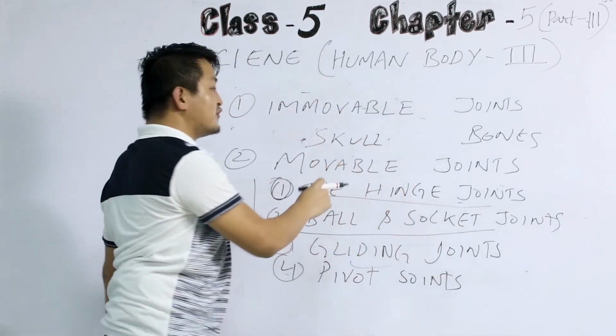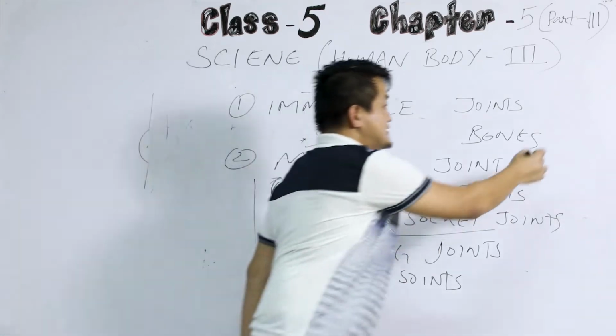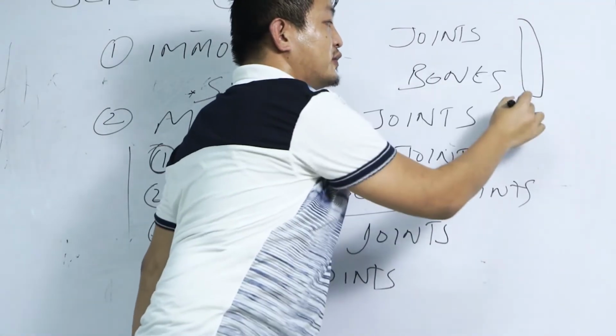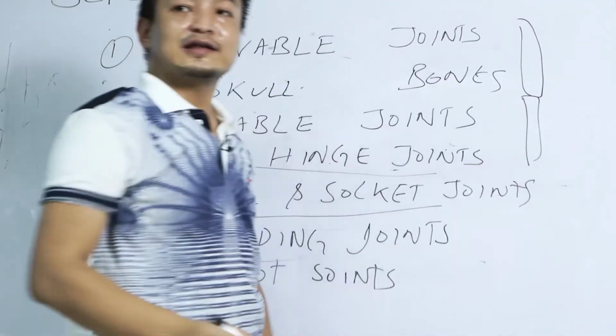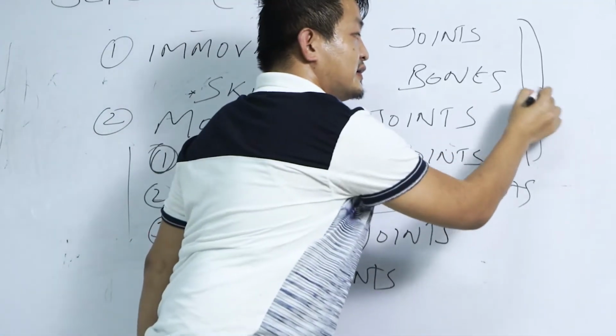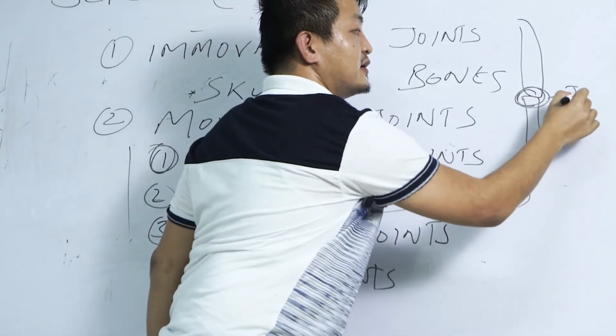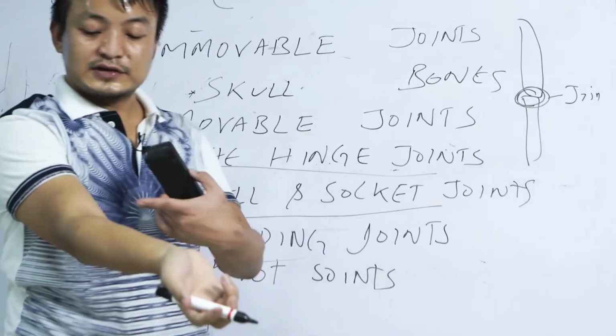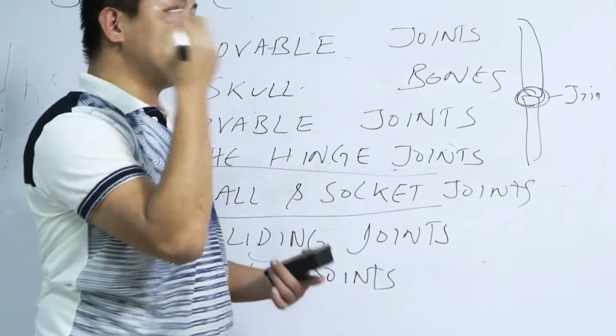Now, why are they movable joints? Say suppose this is one bone and this is another bone, and here is a joint, let's say our elbow. Why is it movable?